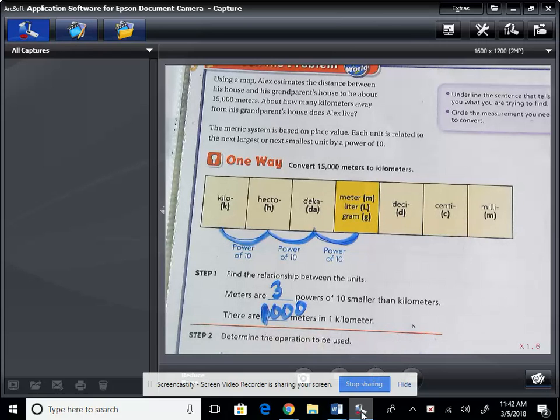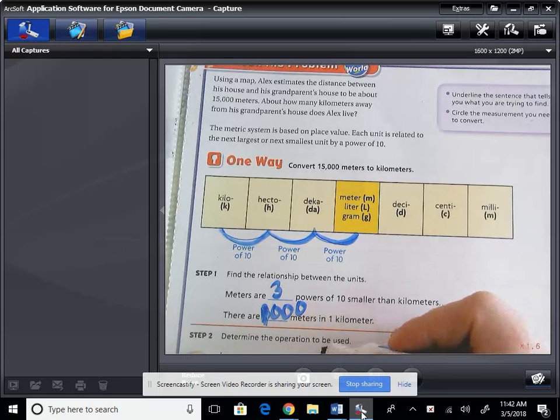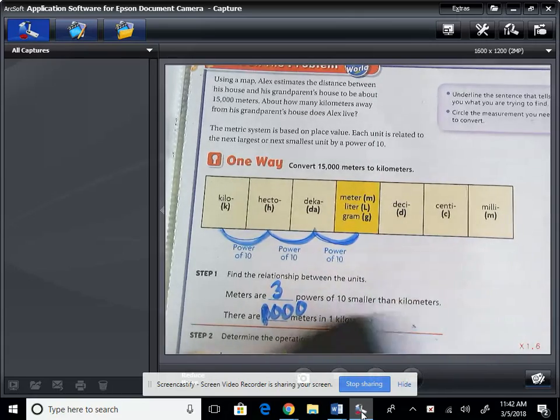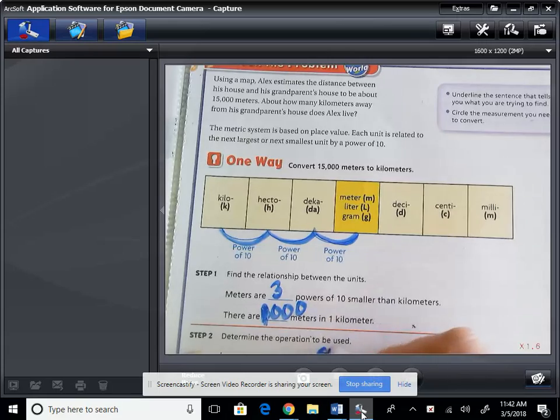So determine the operation that will be used. I am converting meters to a larger unit, because meters is smaller than kilometers.